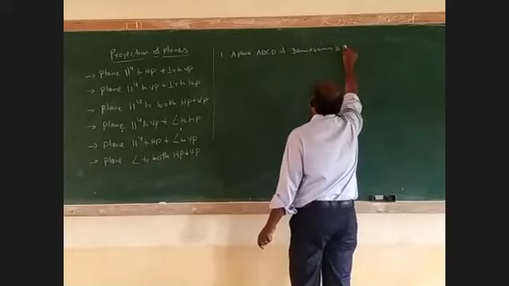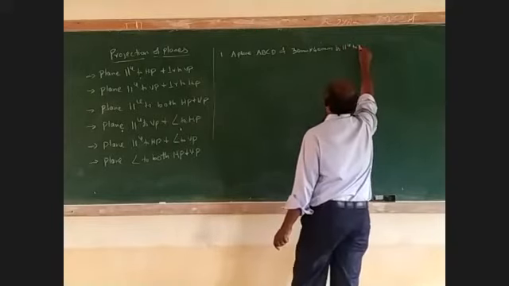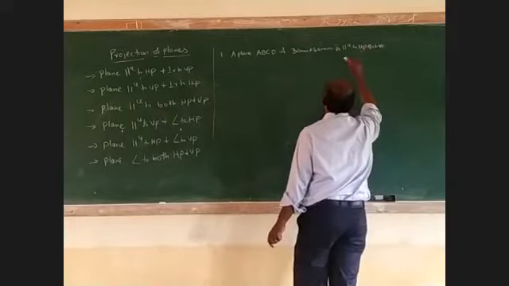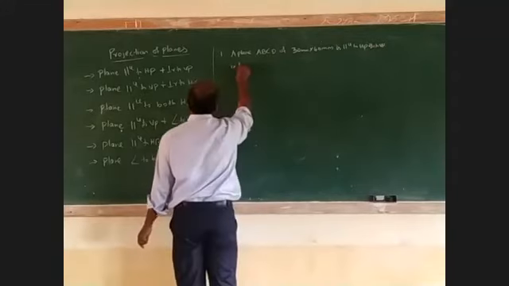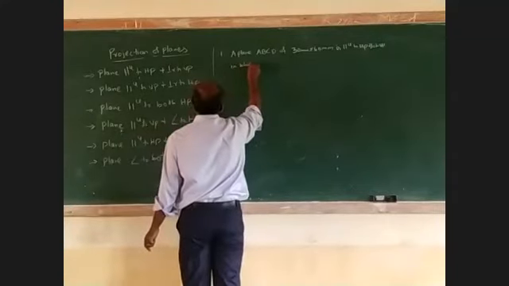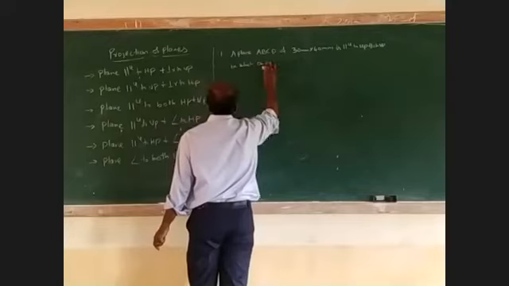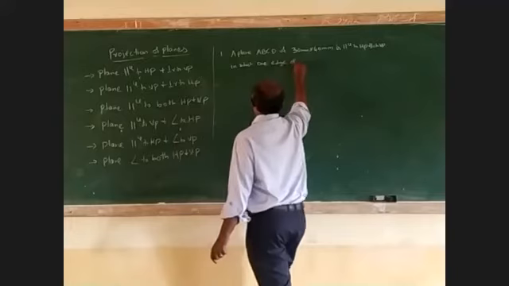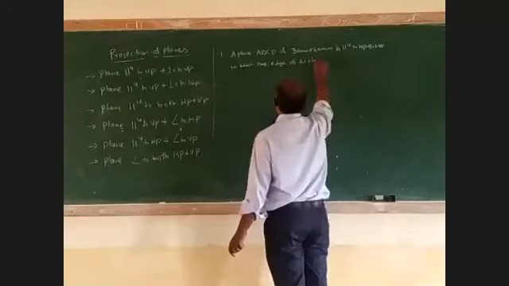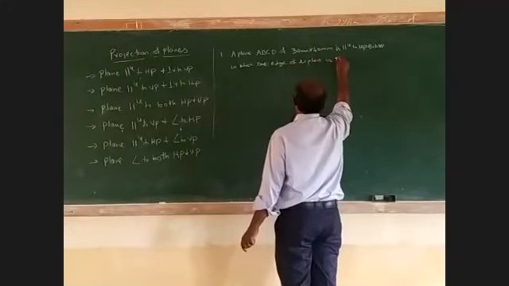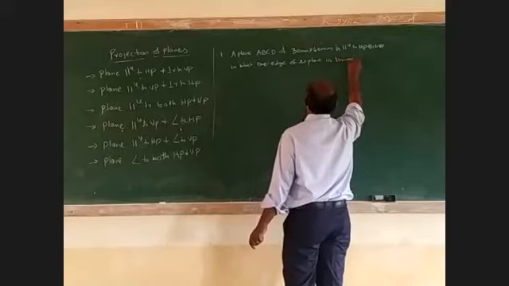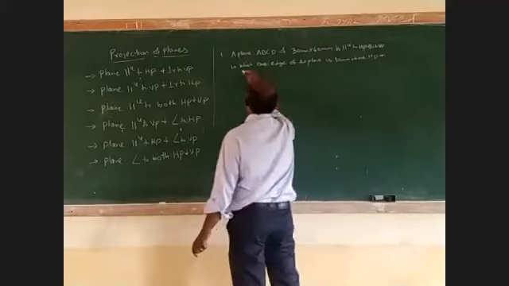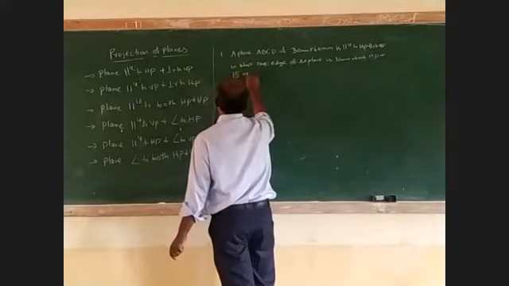It is parallel to HP, perpendicular to VP, in which one edge of the plane is 10 mm above HP and 15 mm in front of VP.